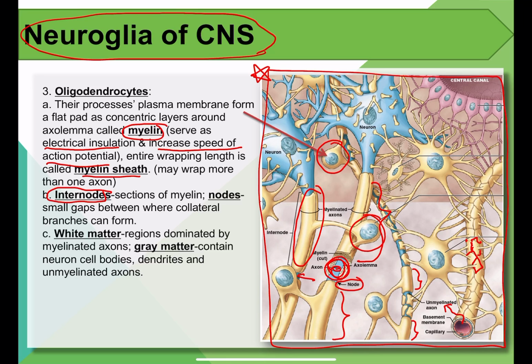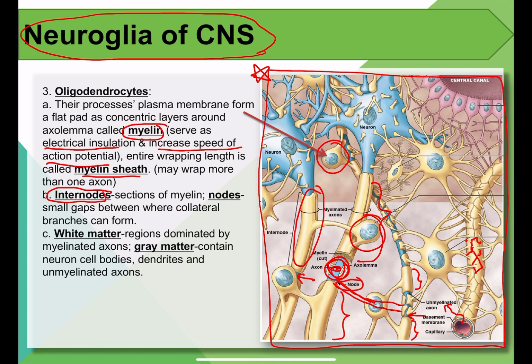So this is a node, for example, the blue area that you're seeing. Those are those tiny small gaps between the myelins, or where collateral branches are able to form. So for example, an axon collateral can branch out this way and connect to another neuron, or whatever it is needs to connect.